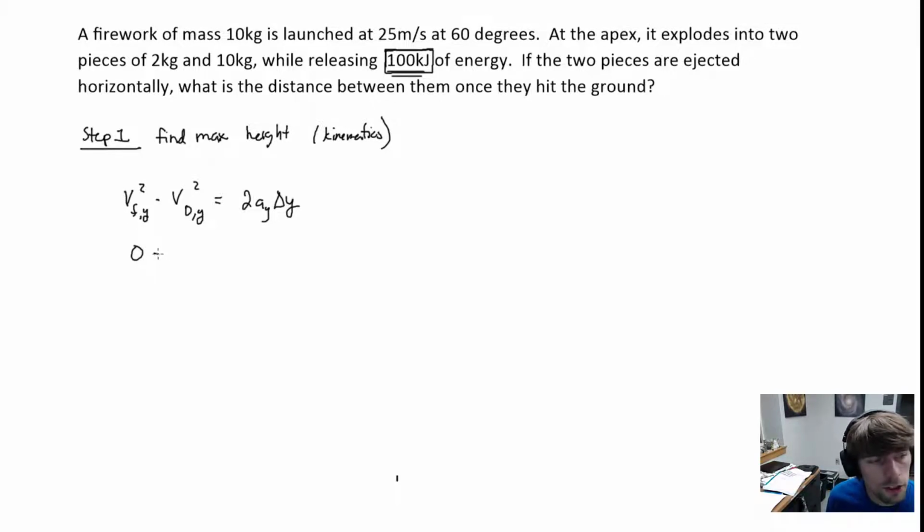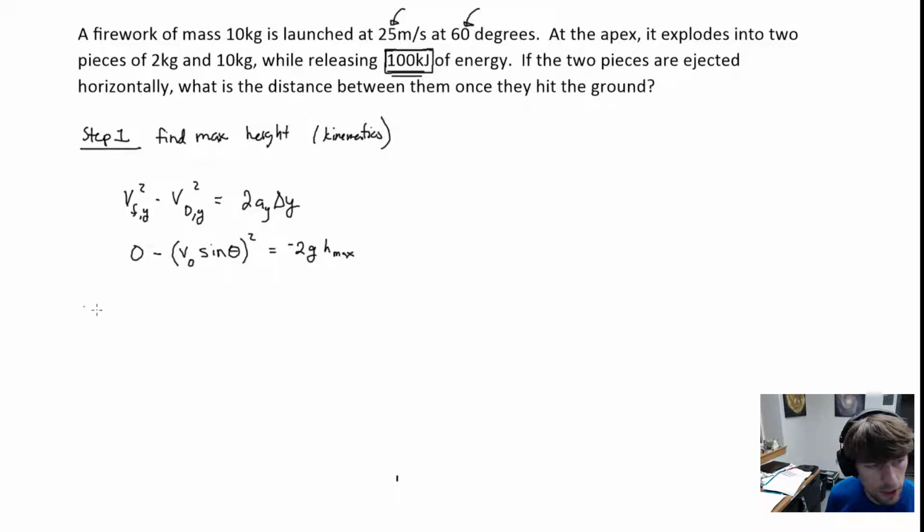And our initial is V naught sine of theta squared. We're given the initial speed of 25 meters per second. We're told that it's at 60 degrees, and that's enough for us to find the speed in the y direction. So I'll just leave it like this for a moment. Equals negative 2g, and I'll call this h max.